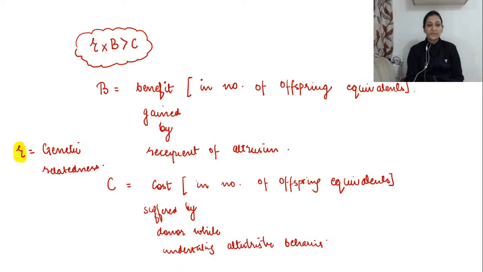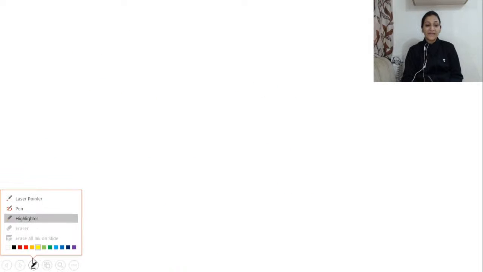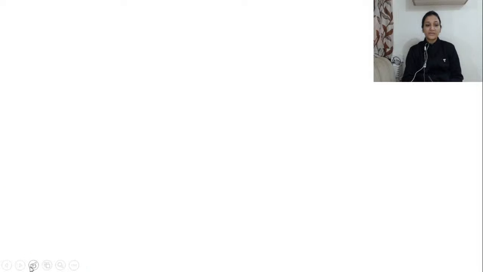So we have seen what is R, B and C. Where will this altruism actually exist? That is the next thing we will discuss. Altruism can evolve in a population if a potential donor of assistance can more than make up for the cost.